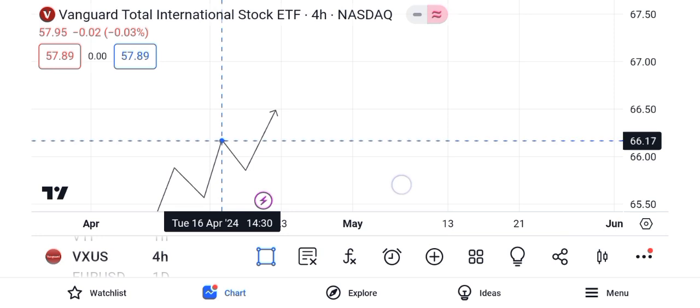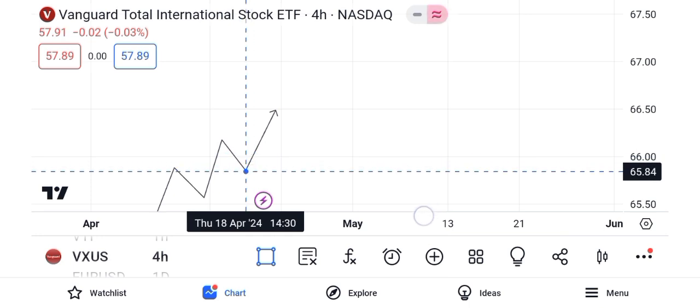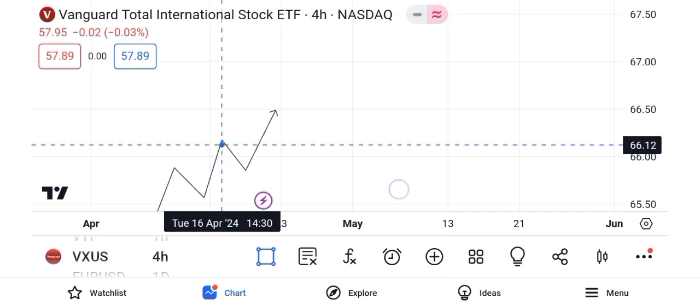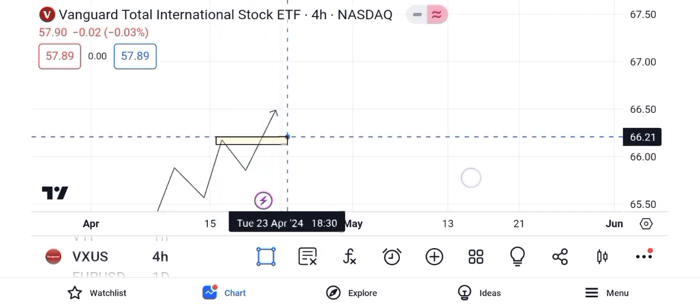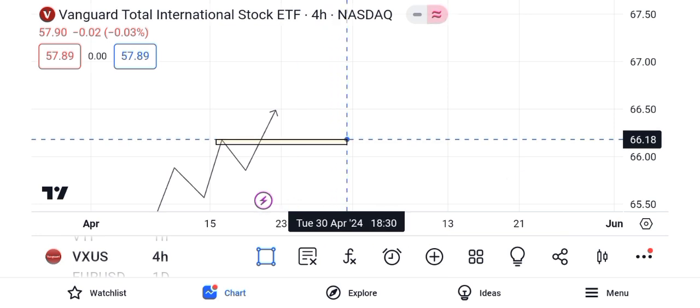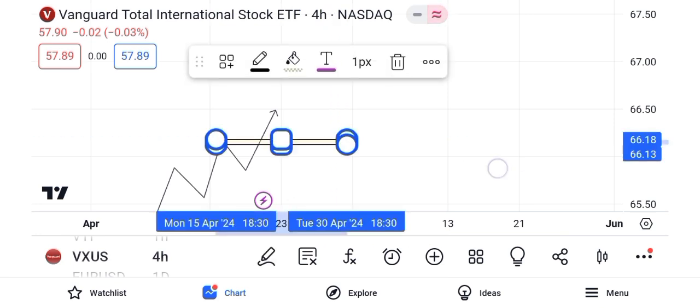This particular point here is a swing point. This one is a swing point, and this one is also a swing point, right? Now we just take our rectangle tool and draw our zone here, which is a support zone, because we'll be dealing with support a lot since it's an uptrend.